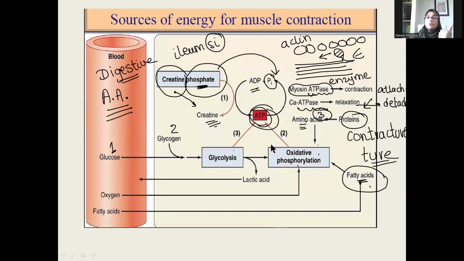So if you don't have glucose, you deplete your glycogen stores. If you already depleted your glycogen stores, then you will break down the proteins in the muscles. If your muscles no more contain amino acids, you're going to break down the fats.